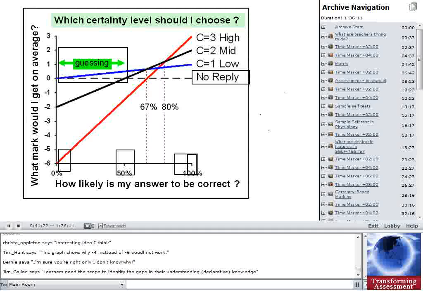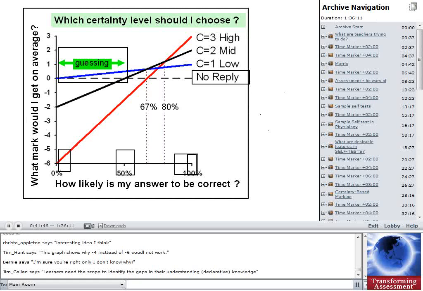So you're somewhere in this range. You can see from this that even if it's a total guess, you're always best to put down an answer at c equals 1, because this blue line is always above the 0. It's always better than no reply. You might get it right, even if it might be quite a small chance of getting it right. You're not risking a penalty in any kind of way, so this one is always better than no reply.